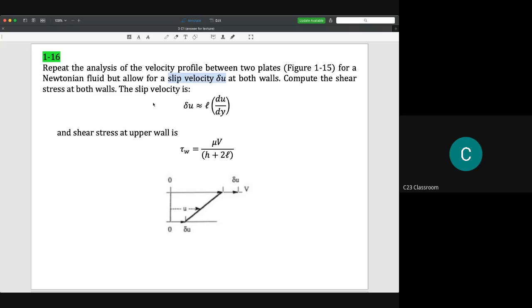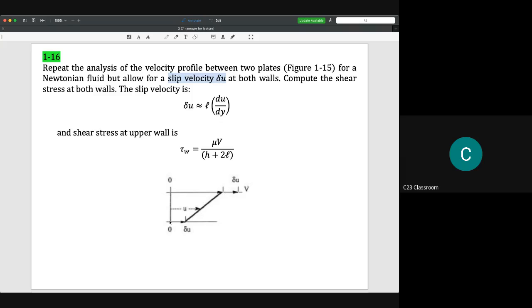So this question means that, for example, this is the moving plate and this is the fixed plate. In the previous question, we said that this molecule will stick very hard on the surface, creating the no slip condition.